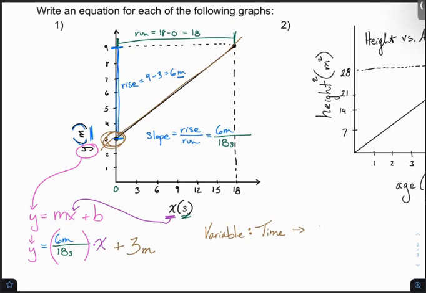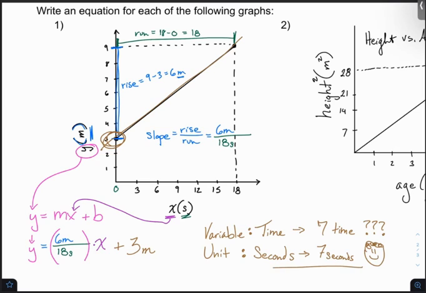If I wrote 7 time, you would be very confused. But if I wrote a unit, let's say seconds, and I wrote 7 seconds, you'd be like, oh yeah, that makes perfect sense. So units make sense, and variables do not make sense when you put a number there. That's kind of an easy way of remembering that.